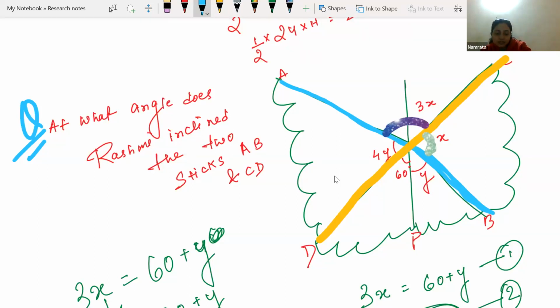The next one says that if the two sticks of length 10 centimeters each are joined at the midpoint, then find the value of OA. Where is OA? O is the midpoint.